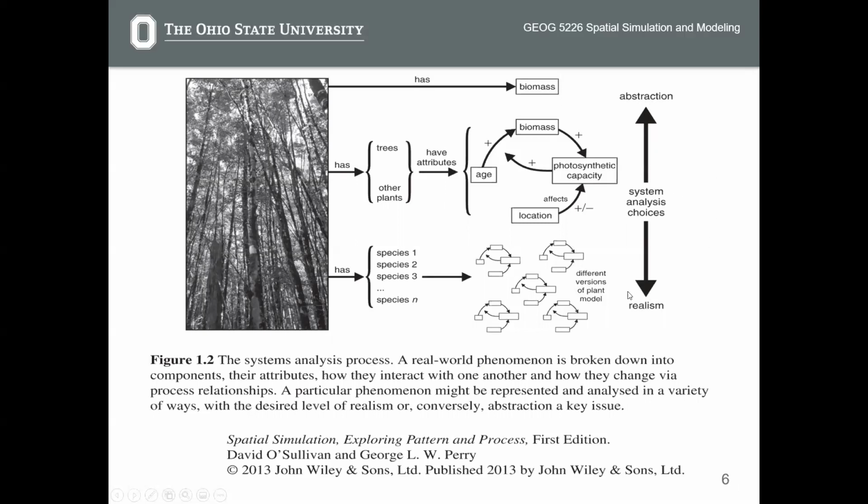But on the other end, if you pursue realism, you can divide this complex forest system into a lot of components. For example, species 1, 2, 3, until N. You can list all species in this forest. And among these species, they have complex relationships, right? If you pick 4 of them who interact with each other, you can create another small conceptual model to address the relationship among these 4 species.